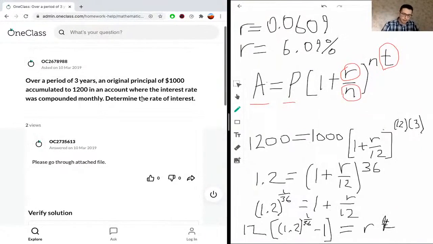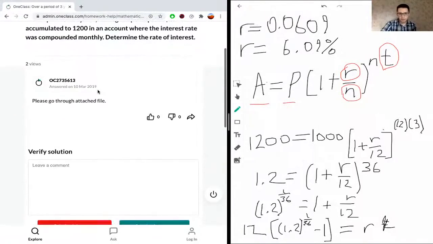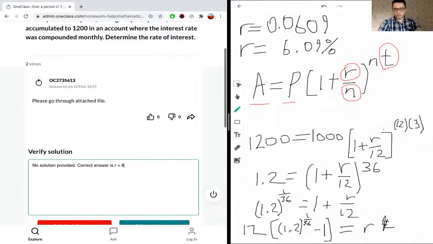We had a principal of 1,000, accumulated 1,200 over 3 years when it was compounded monthly. So there's no solution provided here. R equals 6.09%.